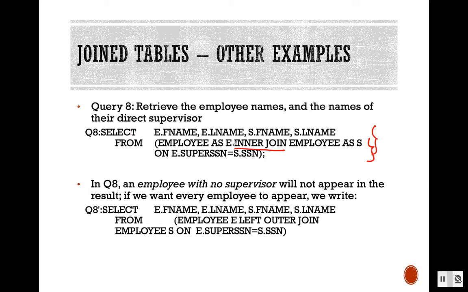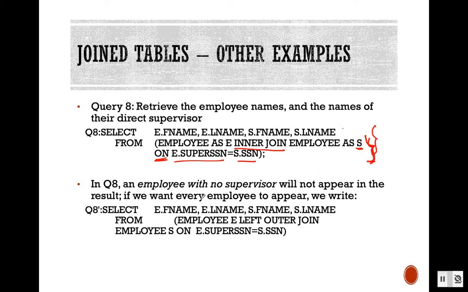It will look like that: employee E inner join employee as S, on E dot super SSN equals S dot SSN. So this one is going to create a temporary joined relation, and from that temporary joined relation we can select the set of attributes.